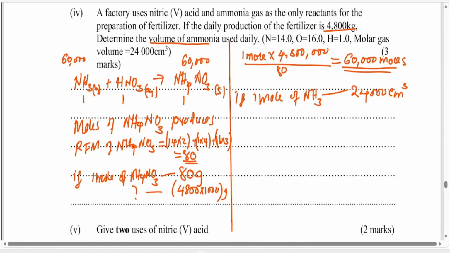So I want to determine the volume in 60,000 moles of ammonia. When I work it out, I shall have 60,000 multiplied by 24,000 cubic centimeters, and I divide by 1.